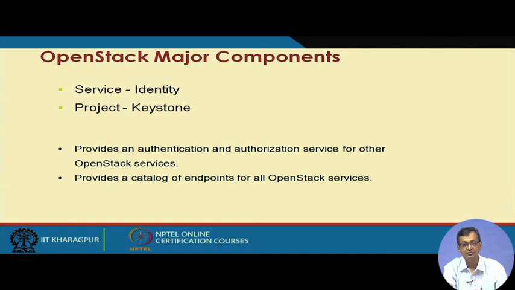Under the Keystone project, it provides authentication and authorization service for other OpenStack services. Along with that, it provides a catalog of endpoints of OpenStack services, defining where those services are and their type.